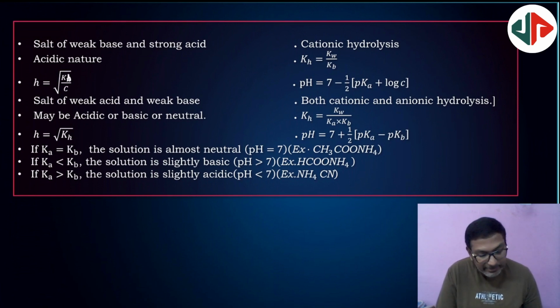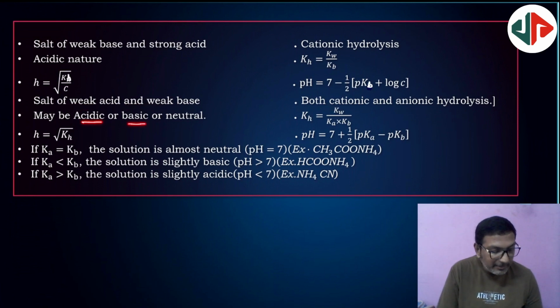So pH is 7 minus half into pKb plus log C. Here pKb should be there, for weak base Kb.